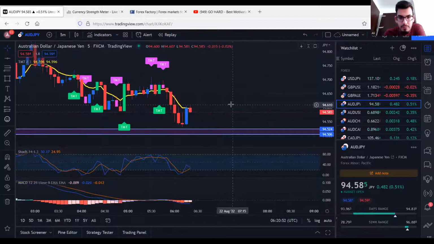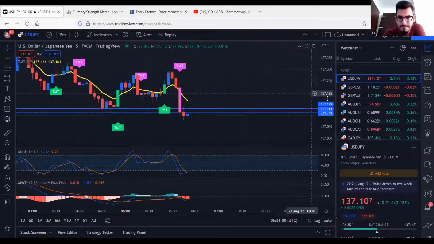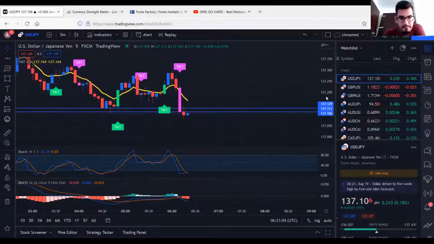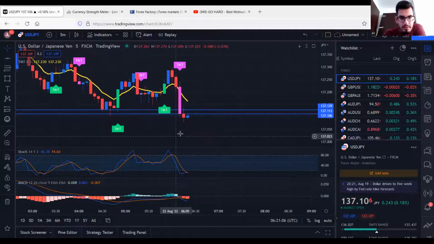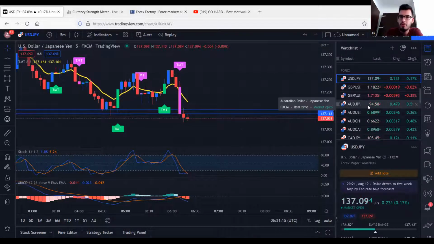AUDJPY, this was a good move to enter, but it wasn't technically in my area. USDJPY. Yeah, it didn't do what I wanted it to do. If you took my call out here, you would have had a lesson. But if you didn't, you still have your money in your pockets. Nothing to lose.